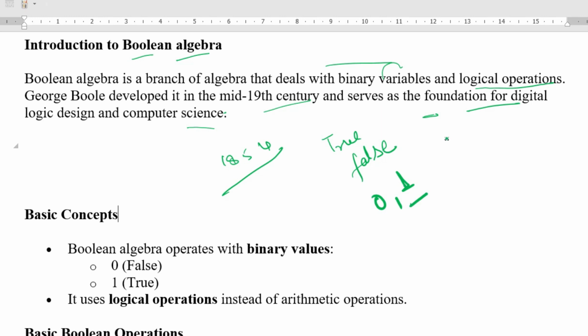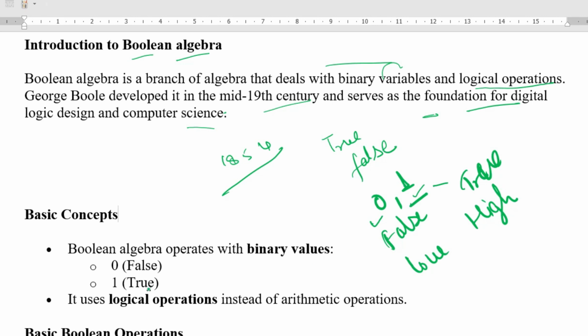It means that any variable can only have two values, either 0 or 1. This 0 represents false and this 1 represents true, or otherwise, this 0 stands for low and this 1 for high.